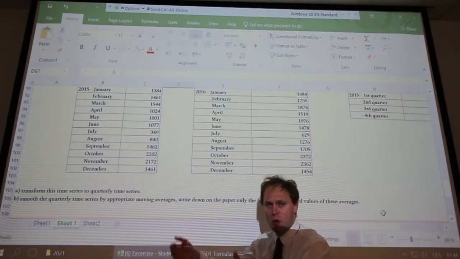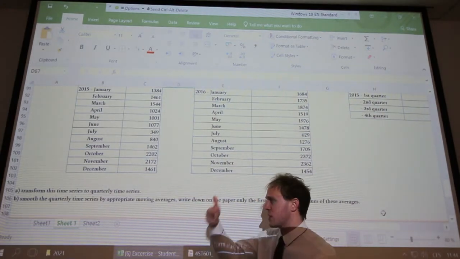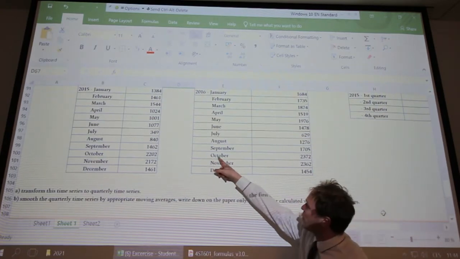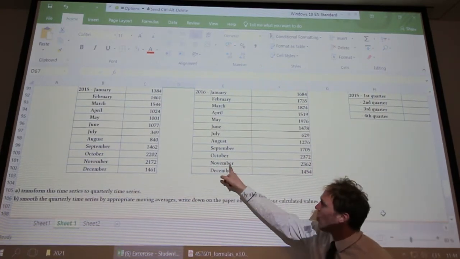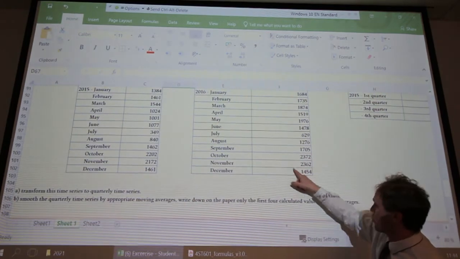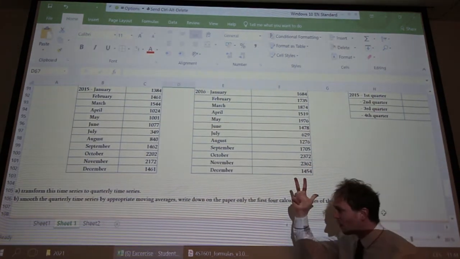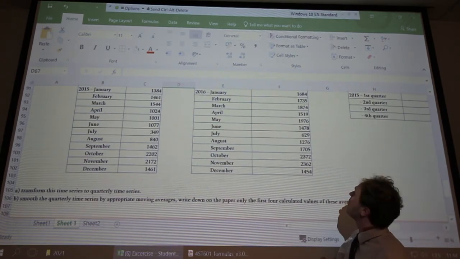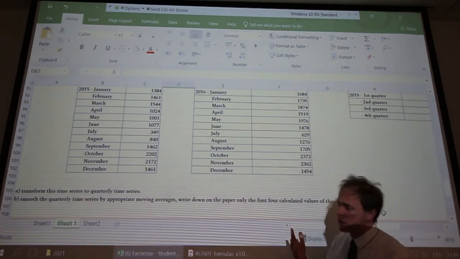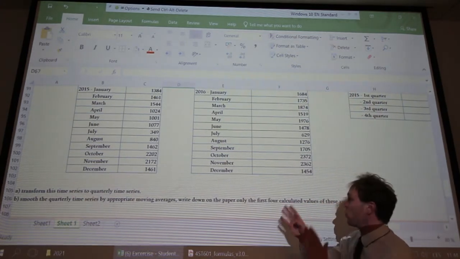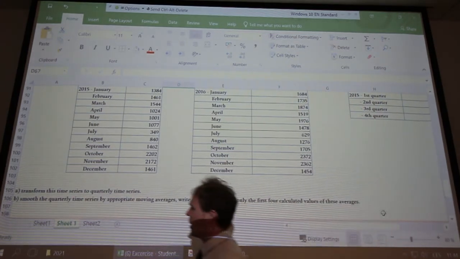The summation of the next 3 values is the second quarter, etc. For example, October, November and December: the summation of these 3 values will be the 4th quarter of the year 2016. So this will be very easy.